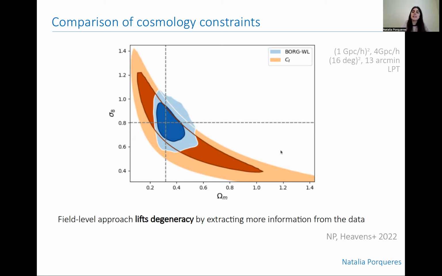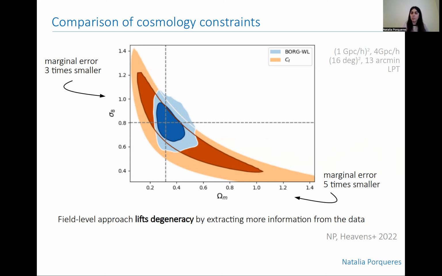When we analyze the same data using Borg, we get the blue contour. So Borg can break the weak lensing degeneracy and get more precise constraints on the cosmological parameters in this experiment, with the resolution that we use. The marginal errors of omega m are reduced by a factor of 5 and sigma 8 by a factor of 3. So this is very exciting.